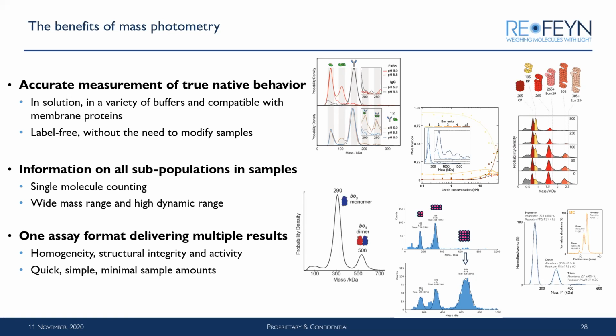So it's in solution, and you don't have to add any modification to the sample, and it is compatible with different buffers. It can give you information on subpopulations in the sample, so single molecule counting, and therefore you can see rare species, and it can cover quite a wide range of masses.